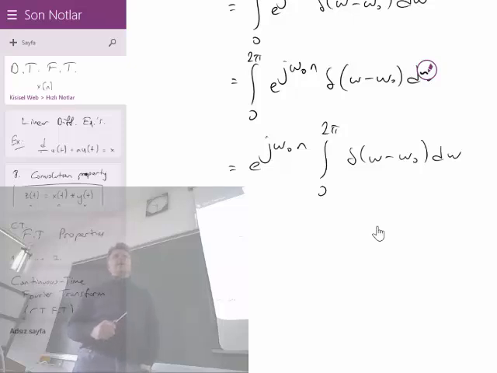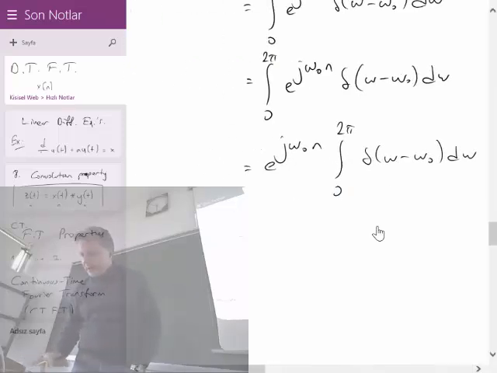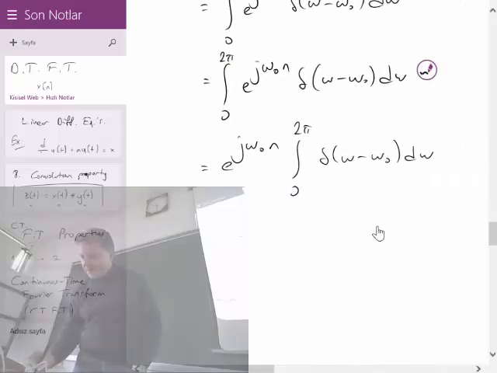And therefore we only have one integral term now, and that one single integral term is the integral of an impulse, and we know that the area under an impulse, wherever it may be, at omega 0 or at 0, is always 1.